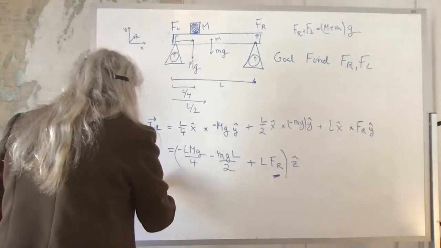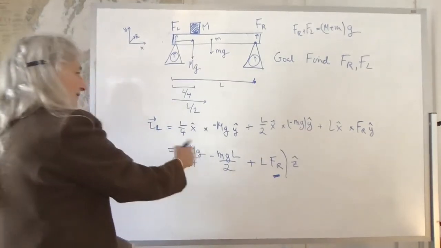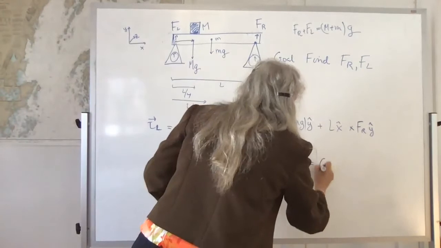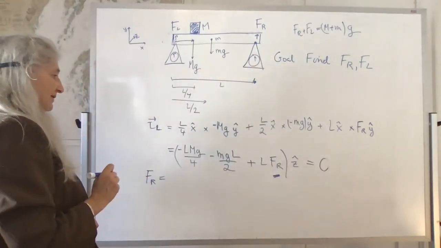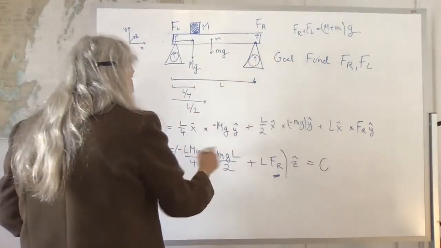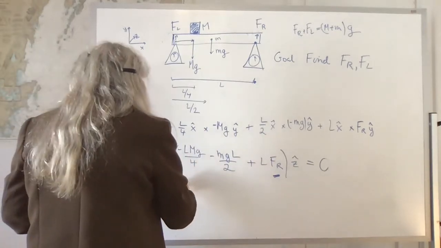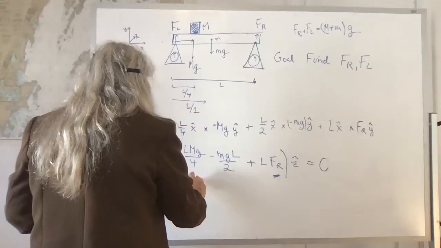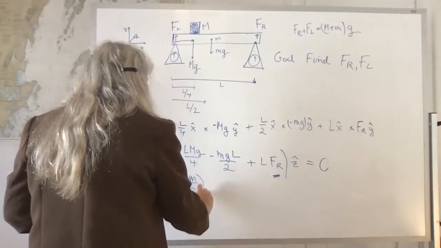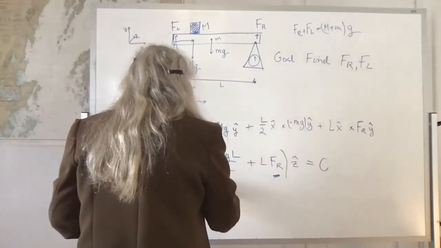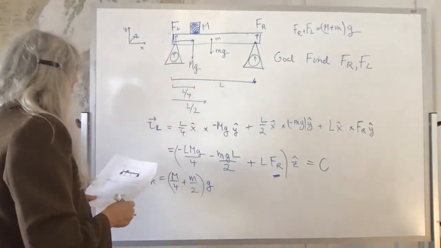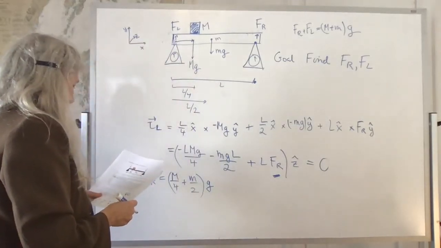So FR is equal to, this has to be 0 for torque balance, right? So now we can solve for FR, and the L's should all cancel out. So we have M over 4 plus M over 2 times G, and I think that's it. Yeah, that is it. Good.